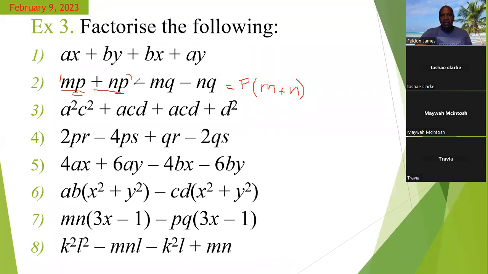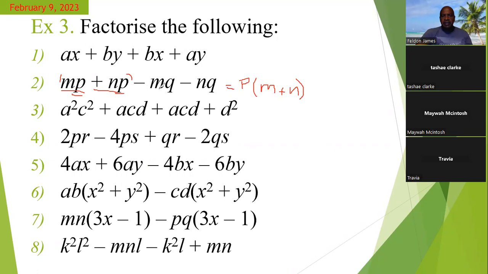Now we look at this sign here, it's a minus. Sometimes this minus here can be a little tricky because oftentimes you might forget that we are working with a minus and instead put a plus sign here. And that can lead us on the wrong path. So pay attention to the sign when we are doing the next pair.